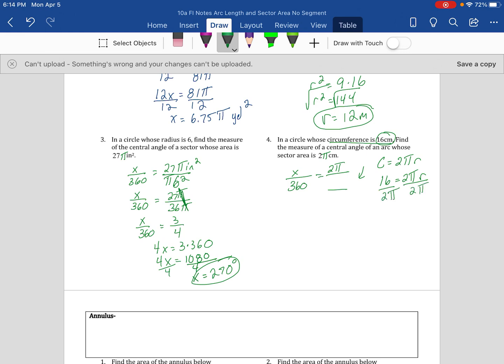And this question does not come out nice. Okay, so my radius in this case is 16 over 2 pi, which simplifies to be 8 over pi. And so now I can use that. It's going to be pi times 8 over pi squared.